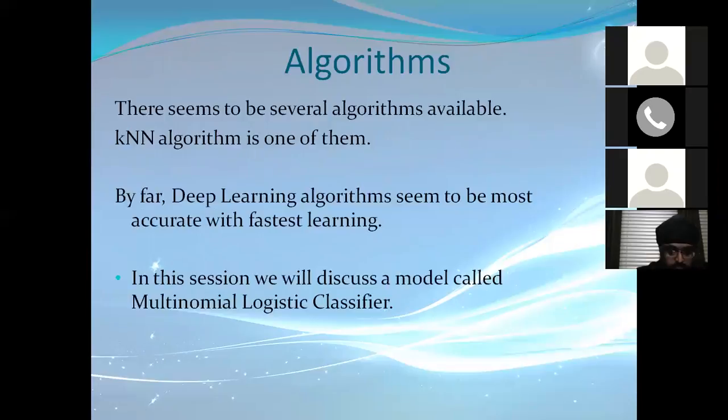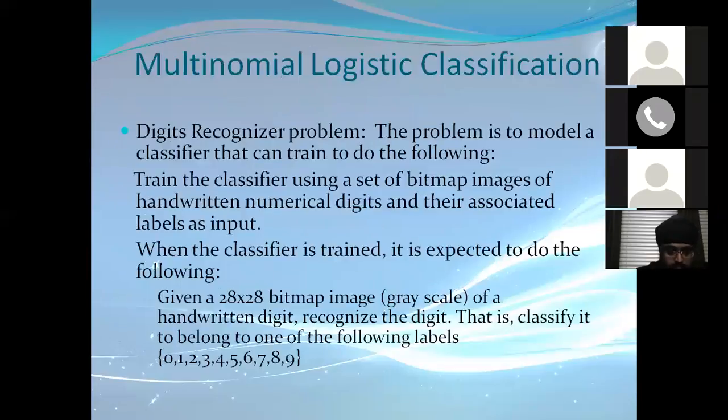And the number of dimensions of that space will be equal to the number of elements in the vector. In this example, you have a 28 by 28 bitmap image.